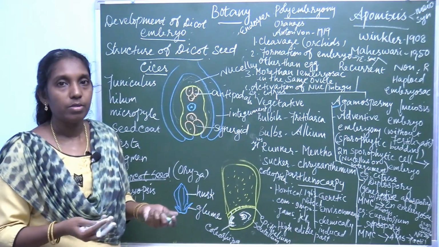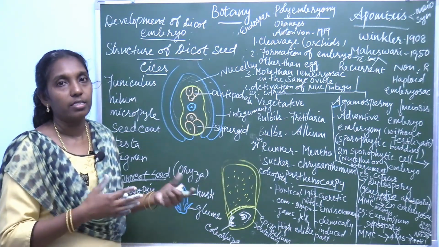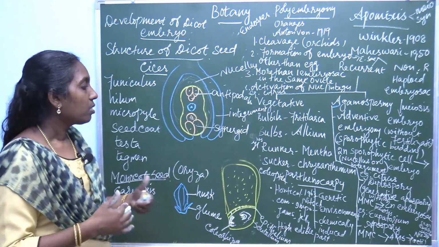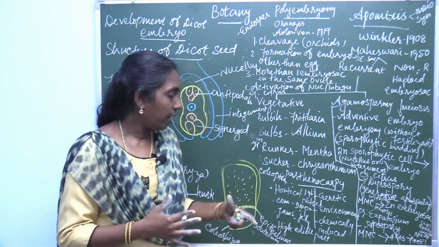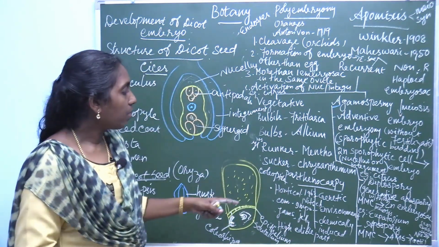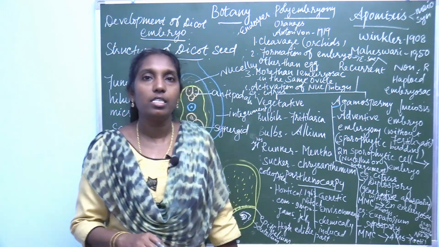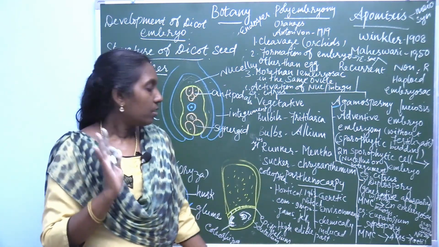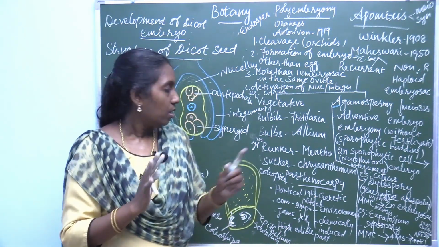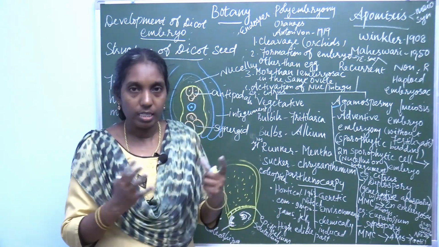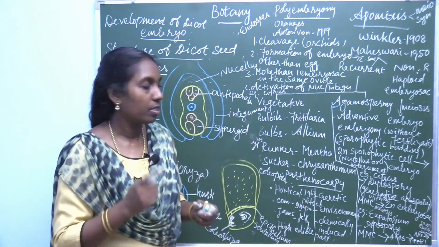There are a number of examples: grapes, papaya, banana, these are seedless. These seedless fruits are developed. There are 3 different types of parthenocarpic fruits, classified in the year 1963. How do they develop?